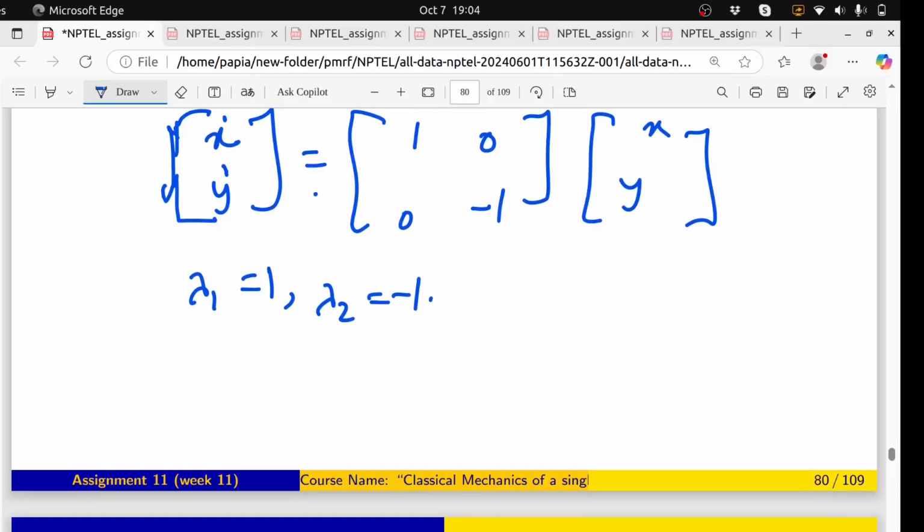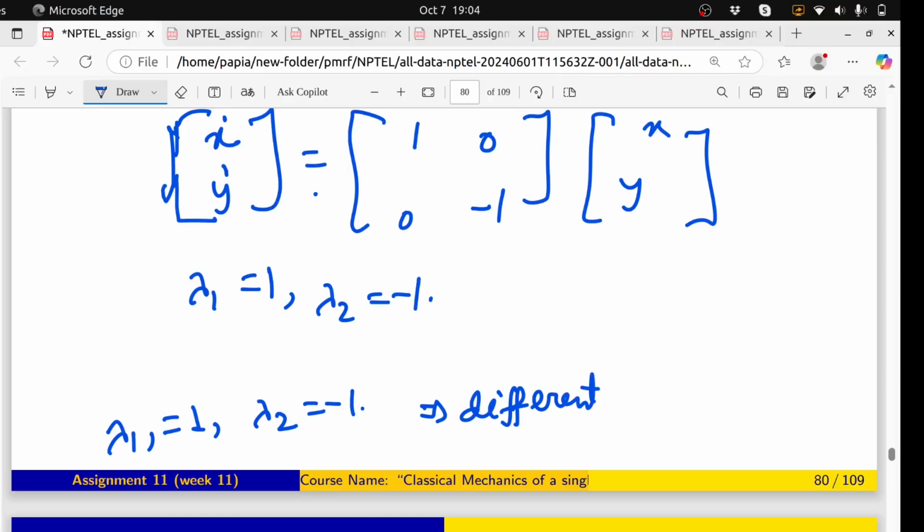How much information can we get from there? Lambda 1 is 1, lambda 2 is minus 1. So we can see that they are different in sign, which tells me that no node is present.